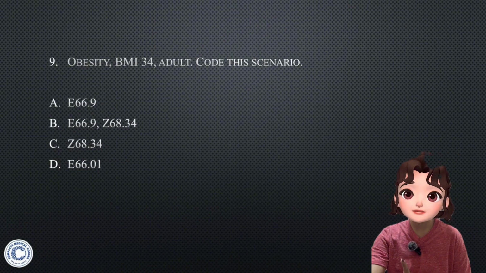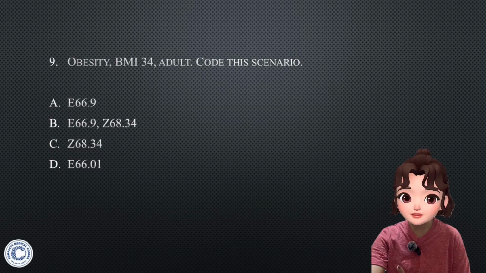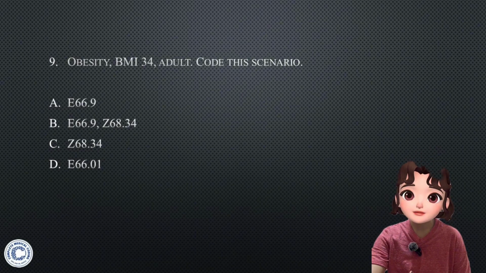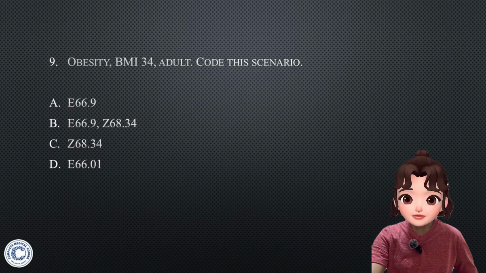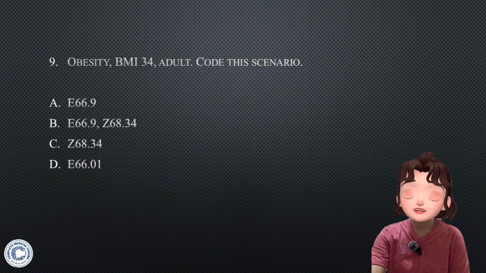So option B, you can see the same obesity code along with Z68.34, which is BMI code. BMI 34 to 34.9 adult. Yes, 34 here. So that one you have to code. If you go to option C, only BMI code is mentioned, which is wrong. You have to code for obesity as well. And in option D, that's again only the obesity code.